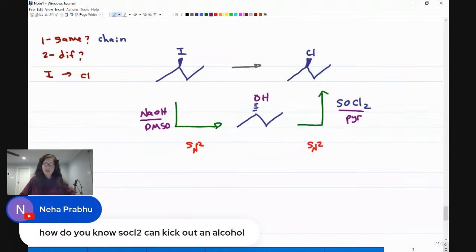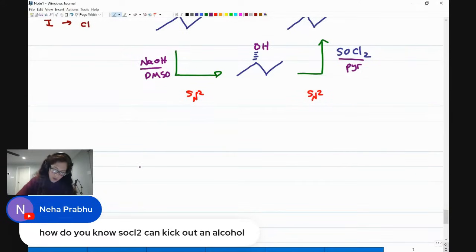Question, how do you know that SOCl2 can kick out an alcohol? An alcohol is a very bad leaving group. And so the way that you kick out an alcohol is by bribing it. I have two options. Option one with an alcohol is to protonate it. So for example, H2SO4, HBr, HCl, in H2O, I need a source of H plus in solution.